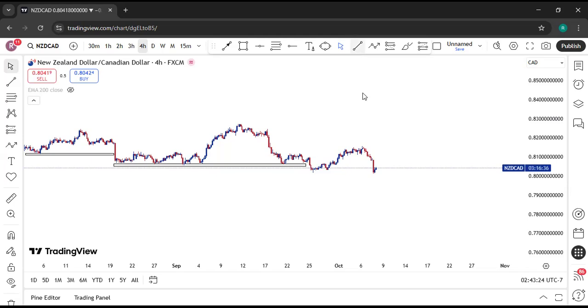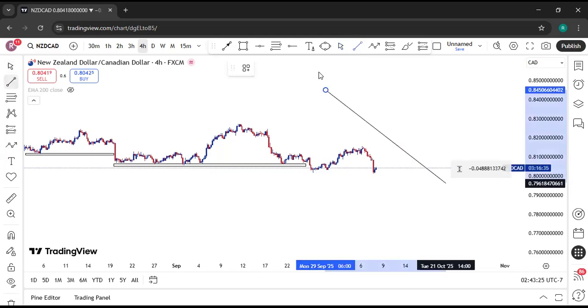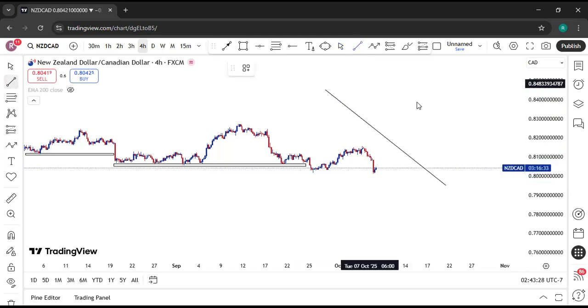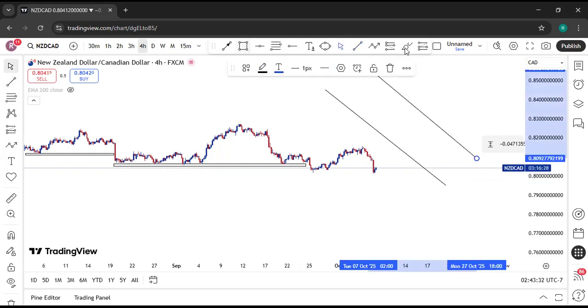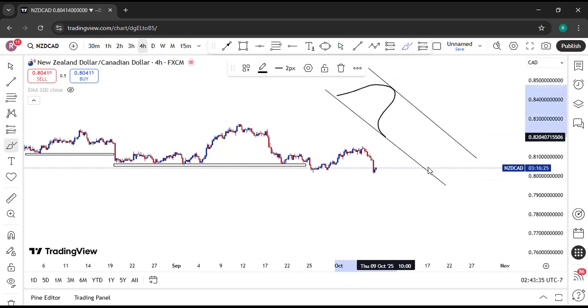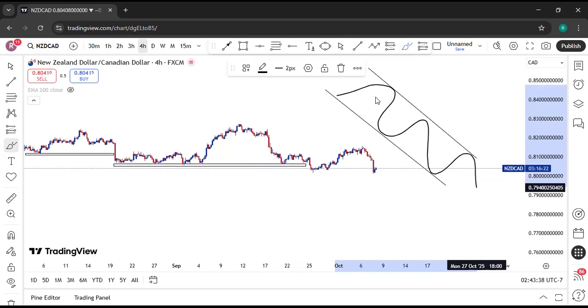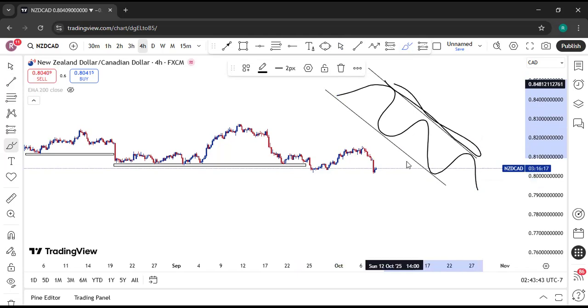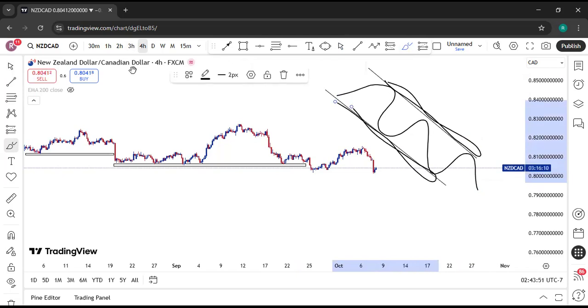So price is moving within a particular channel, just going back and forth like this, up, down, up, down, up, down, and up and down. So this serves as the area of resistance, while this serves as the area of support in a descending channel. So this is what we call a descending channel. I'll probably make a video on it to explain channels, right? But for now, let's look at the analysis on NZDCAD.